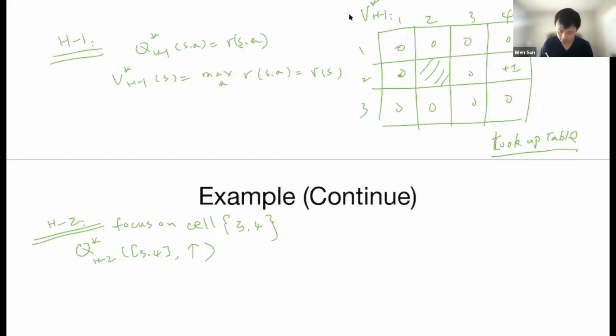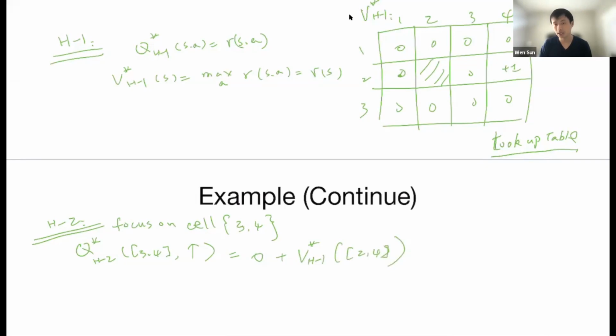So this is equal to reward 0, because at this particular state 3, 4 we don't get any reward. We only get reward at the cell indexed by 2 and 4. And by taking action up, at the next time step we reach the cell that actually contains a reward. So we get V star at capital H minus 1 indexed by 2 and 4.